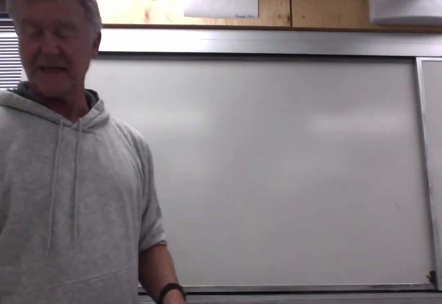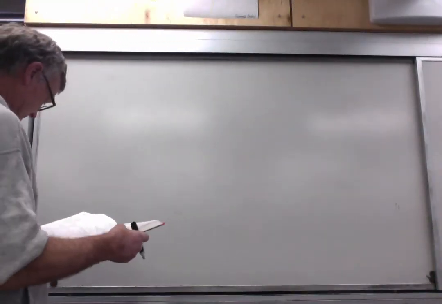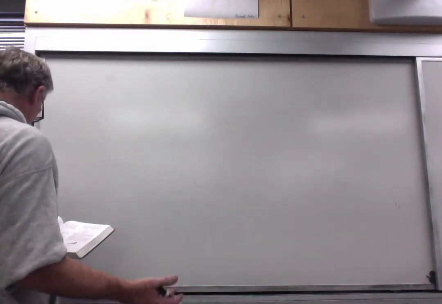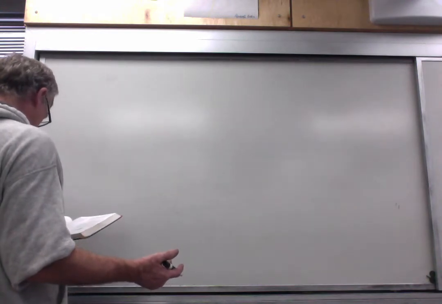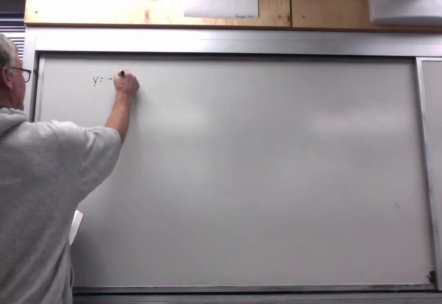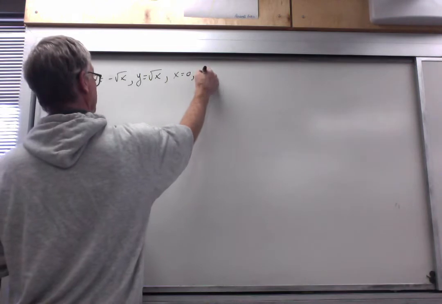But problem 2 in your book says this. Let me get it. Problem 2, this is on page 390, it says that we are going to find the area perpendicular to the x-axis that is found between y equals negative square root of x, y equals square root of x, x equals 0, and x equals 4.